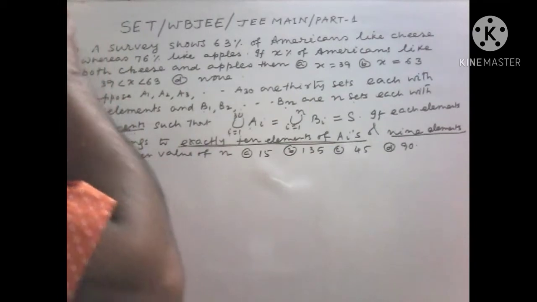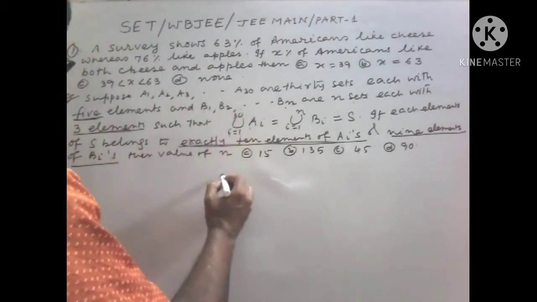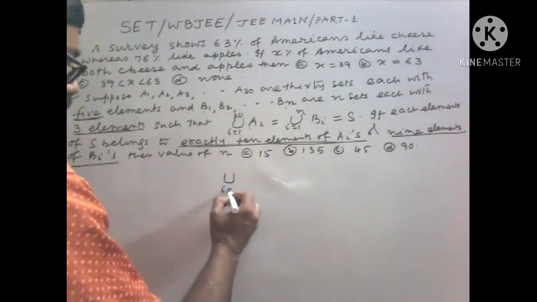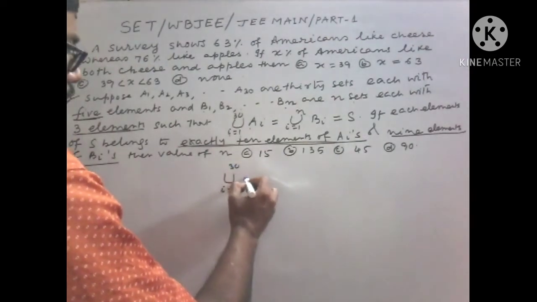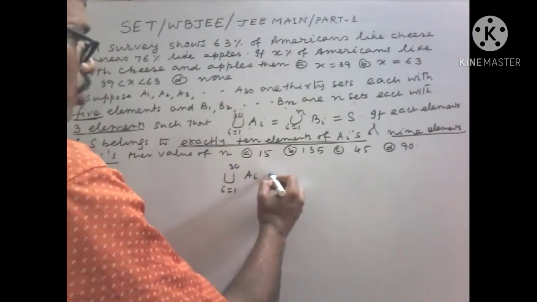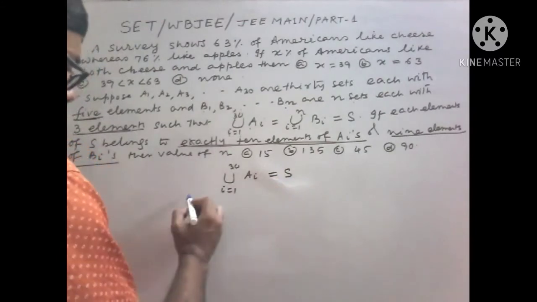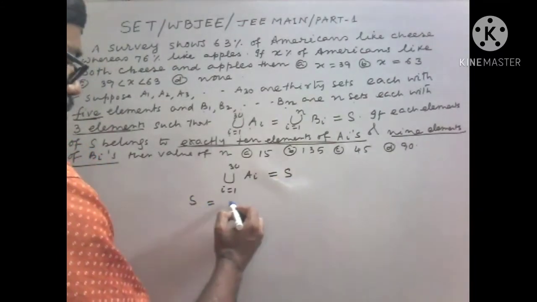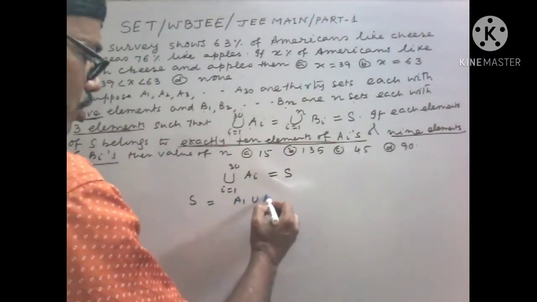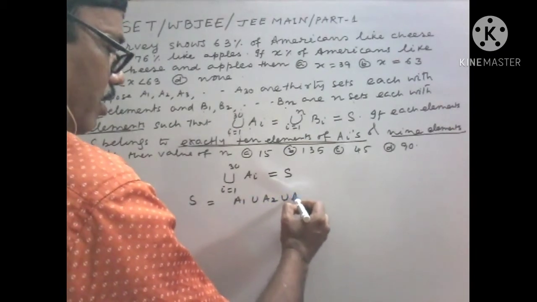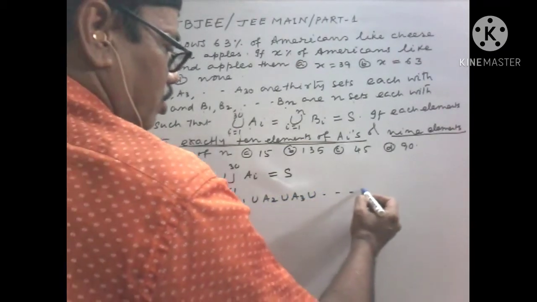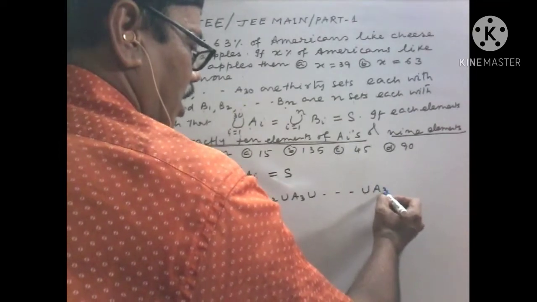So this symbol, what is the meaning of this? Union of Ai for i equals 1 to 30 equals S. This means S equals A1 union A2 union A3 union ... union A30.